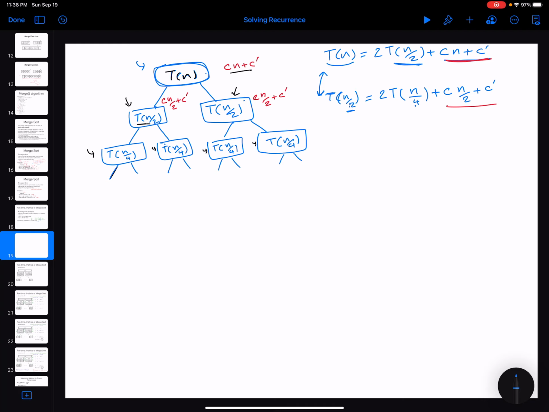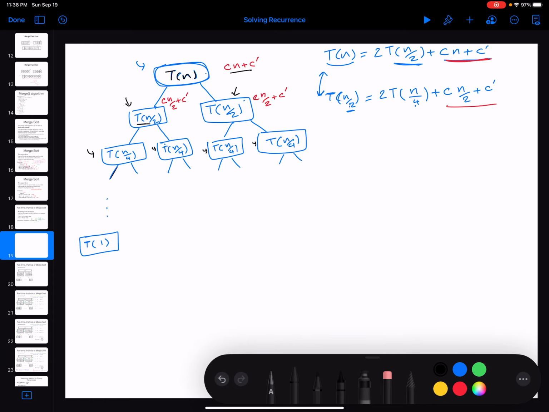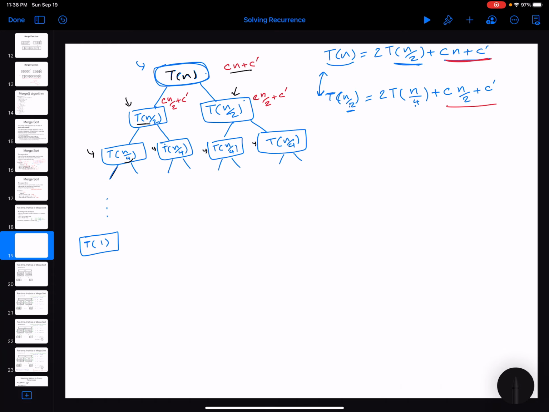So the whole shape is going to be like a tree. And when are we going to stop? We are going to stop when we reach T of 1, meaning that whatever is in the argument of T reaches 1.